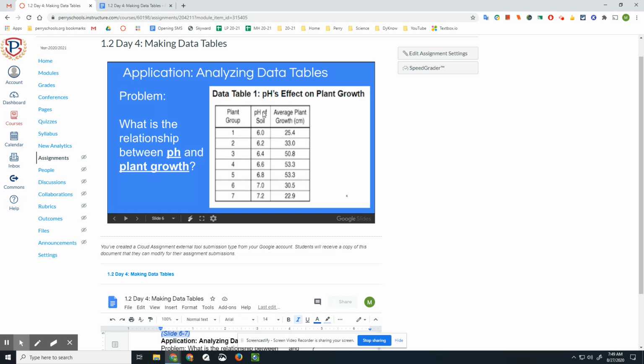The only thing that's different is the pH of the soil. Remember, pH is how acidic or basic something is. We've got pHs ranging from 6 to 7.2. Then the plant growth, you can see 25, 33, 50, 53, 53, 30, and 22. Look at it, it gets a little higher in the middle here.